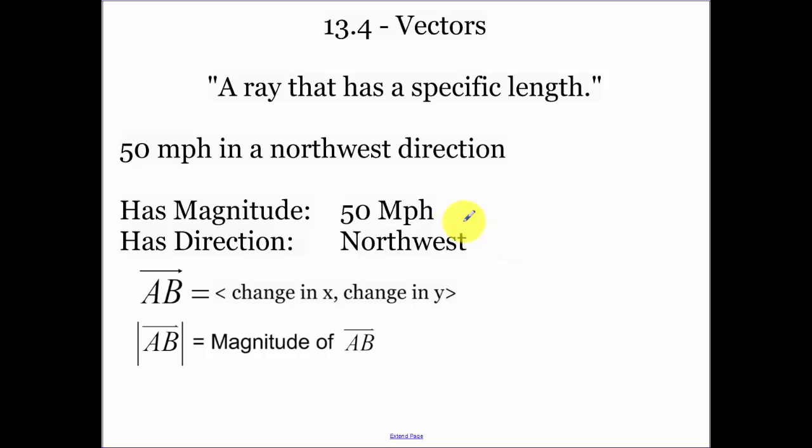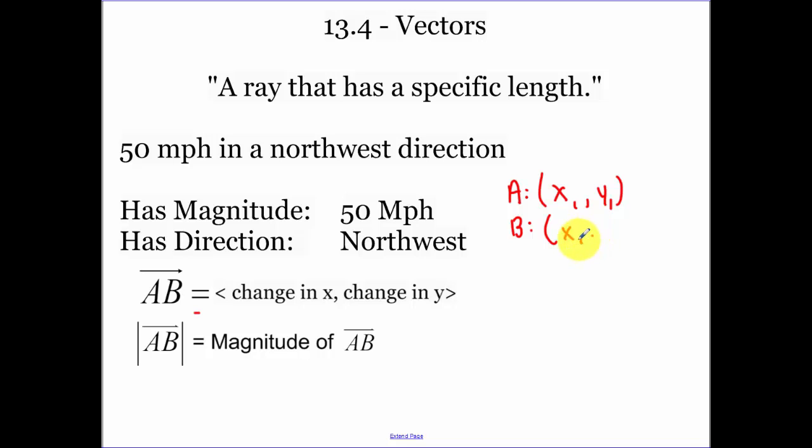certain direction. So to find the direction of vector AB, and that's how we write vector AB with a little arrow over the top, change in x over change in y. Now let's look at it like this. If point A was x1, y1, and point B, I'm sorry, these are both points, I apologize.